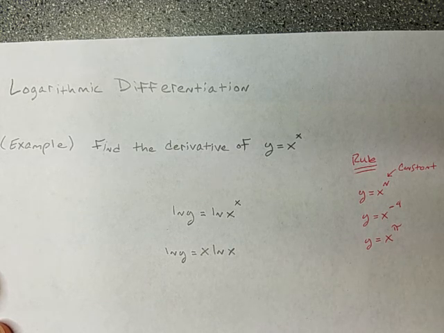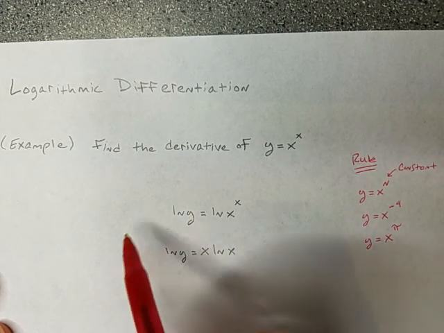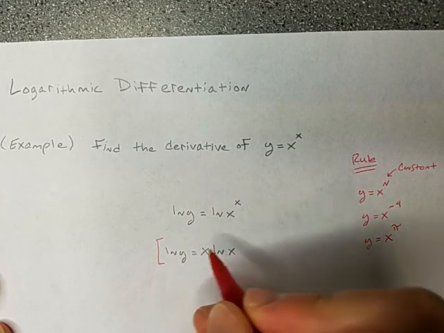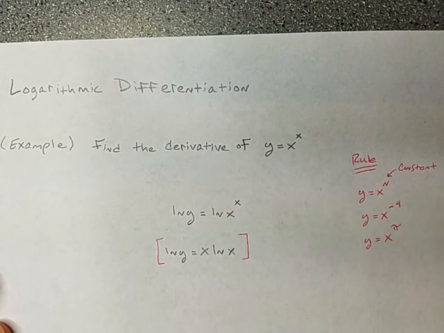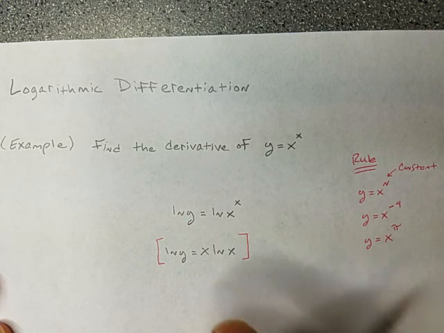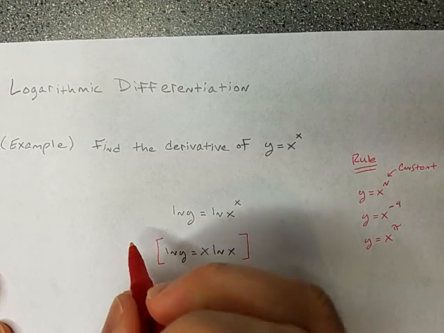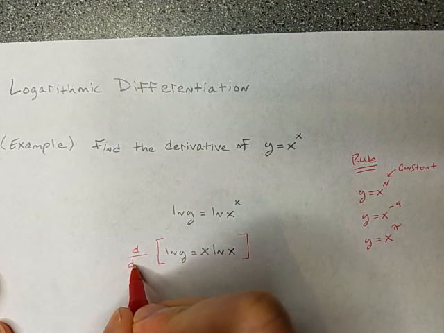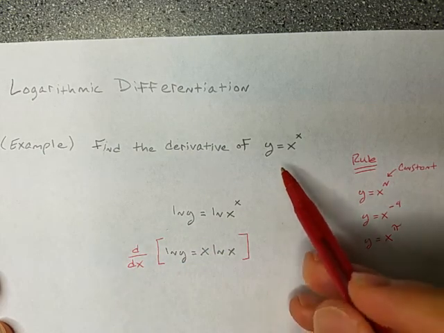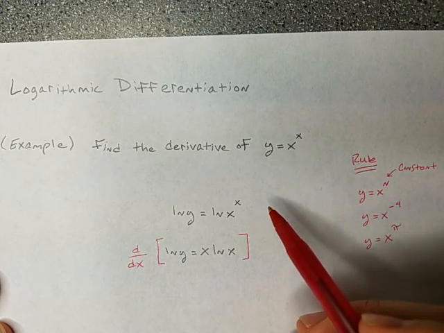From here, we do something that we have seen somewhere else. This implicitly defines y as a function of x. Notice that it's not explicitly solved for y anymore.